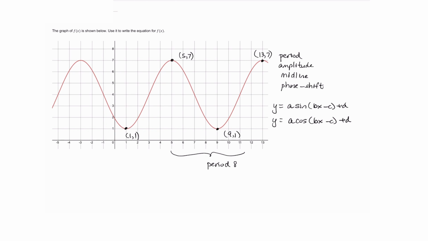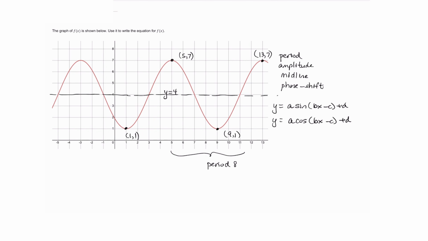Next thing I notice is, since the maximum value is 7 and the minimum value is 1, we have a midline of y equals 4. That's going to help us detect the vertical shift. Now here is where things get a little interesting. Remember that a cosine graph without a phase shift would have a y-intercept either at its maximum point or its minimum point.